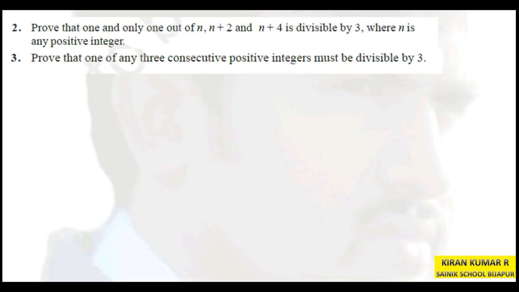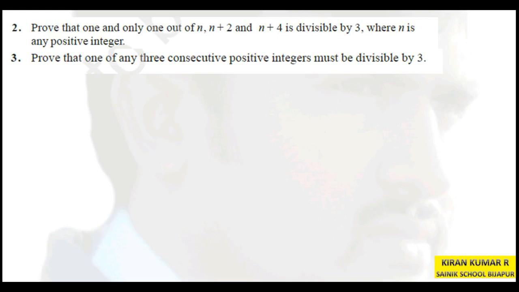Next we will be solving second and third question together. The reason is, in both the questions, we have to solve in the same method, and same answer will suit for both the questions.